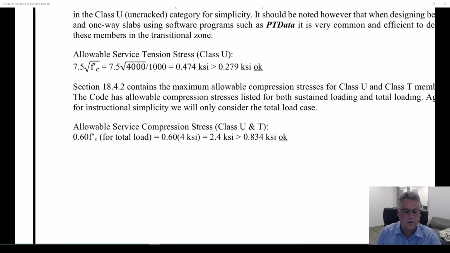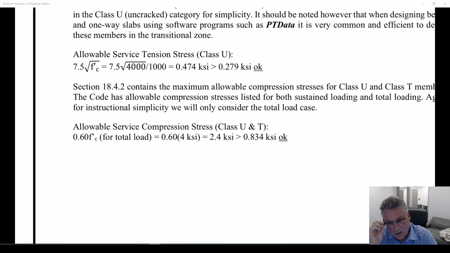If I ask for checks of allowable flexural stresses, you're doing both tension and compression. So 0.6 f prime c for total load, which means it includes the live load. 0.6 times 4 KSI, large number, 2.4 KSI, greater than the 0.84 KSI, easily satisfies the tension or the compression requirements.